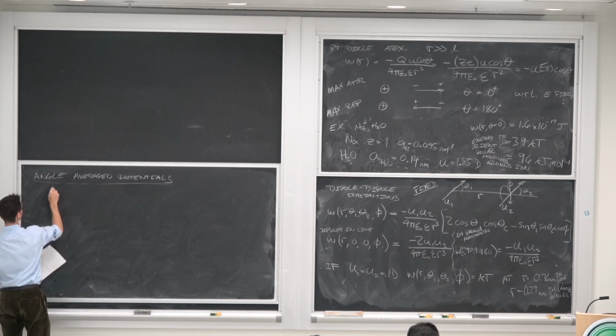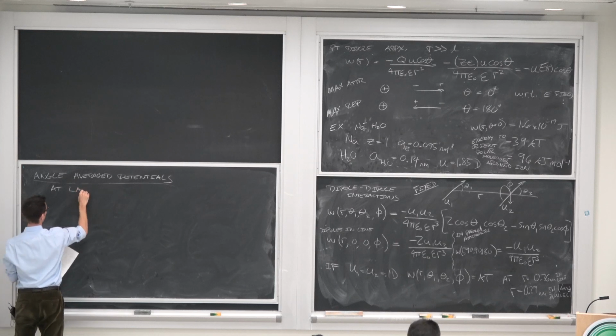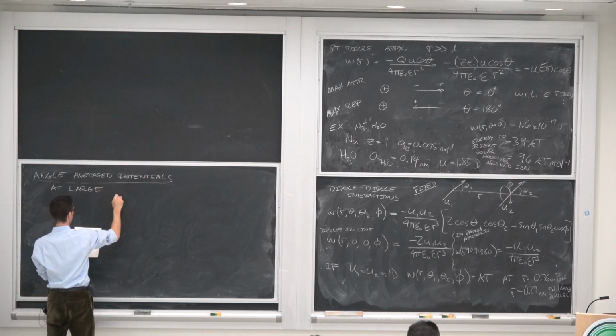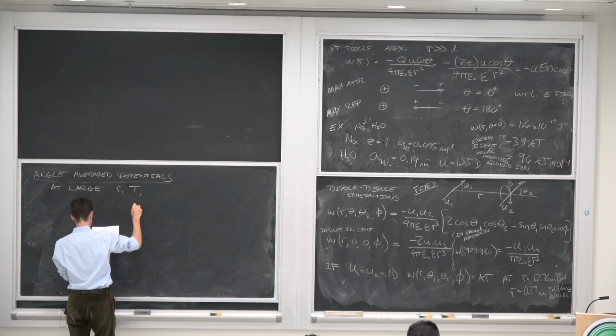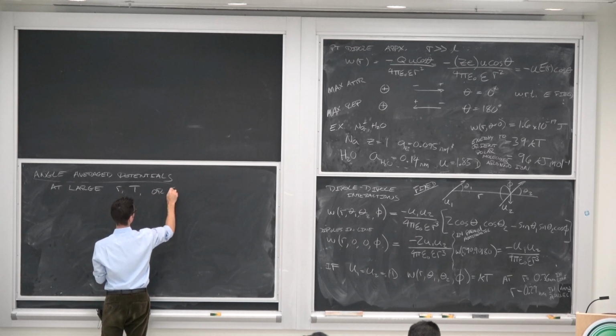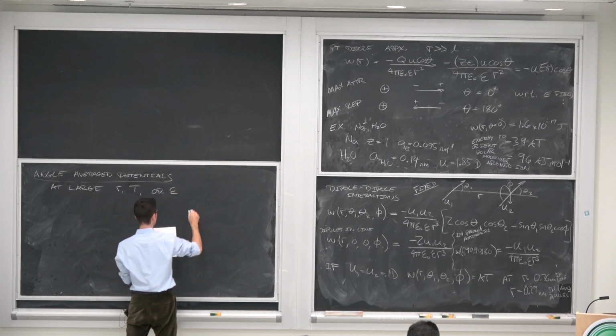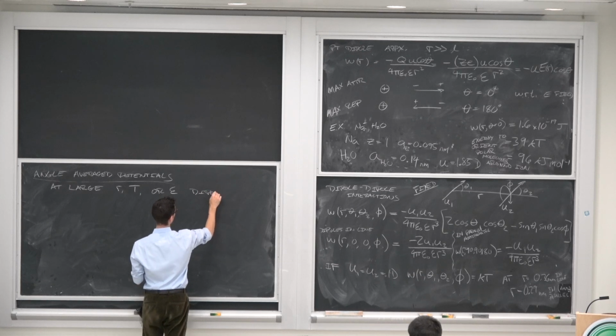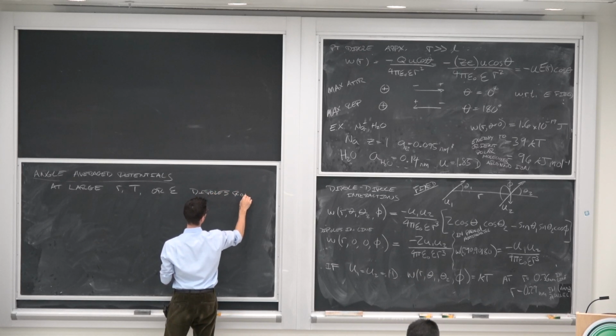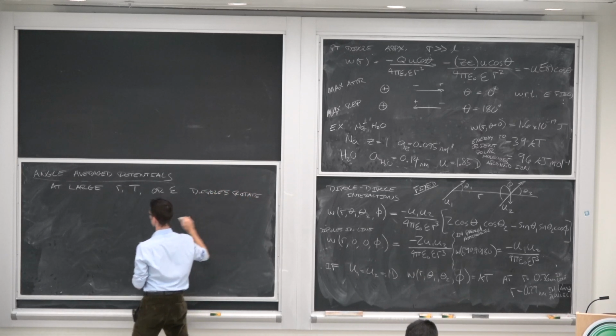Angle-averaged potentials: at large R, T, or dielectric constant, the dipoles rotate freely.